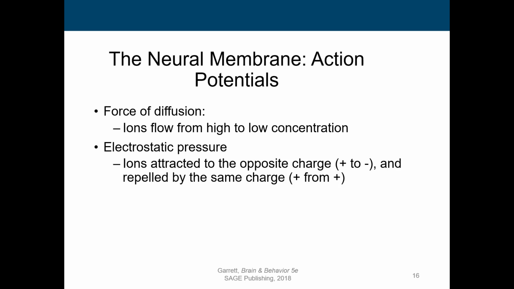The first is the force of diffusion: ions flow from a high to low concentration, as you may remember from science class. The second is electrostatic pressure: ions are attracted to the opposite charge, so a positive to a negative, and repelled by the same charge, so a positive to a positive. These two forces keep the neuron at balance.